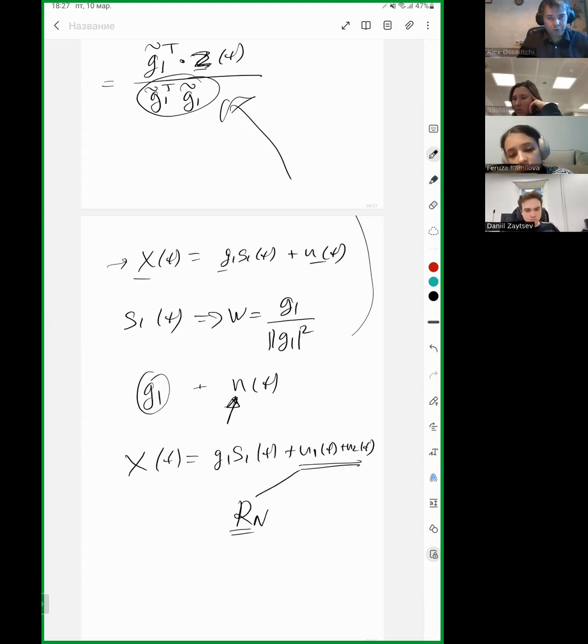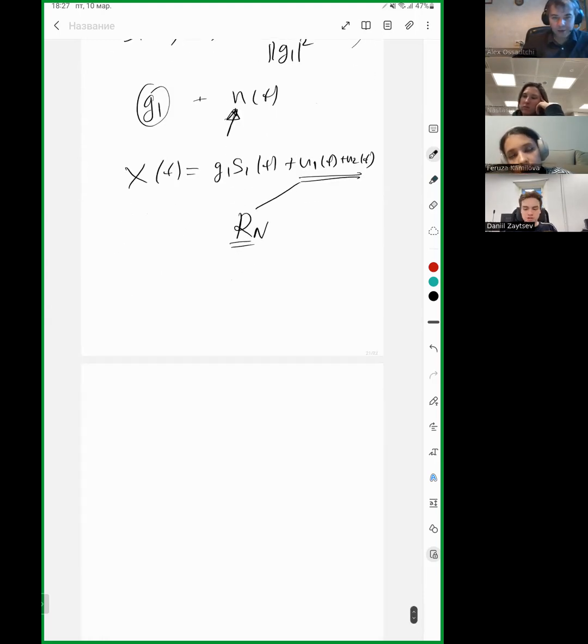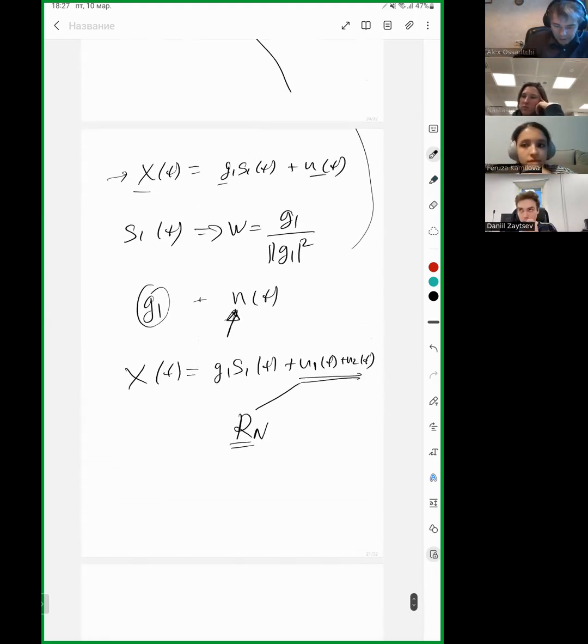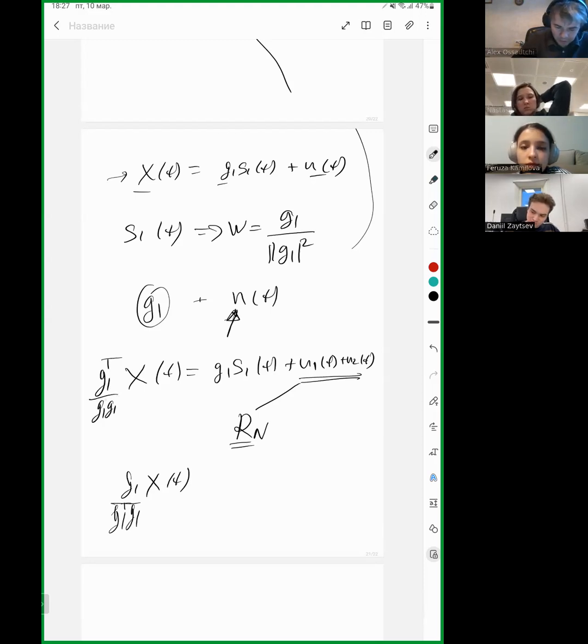Clearly G1 transpose x of t is not divided by G1 transpose G1, although formally, if you substitute it, you get unity here. This is very good. But a lot of stuff will leak from these guys, because they are at different angles, at different corners.